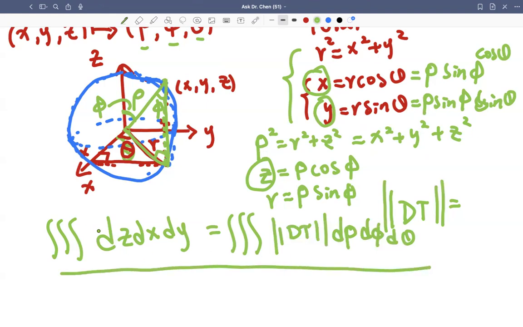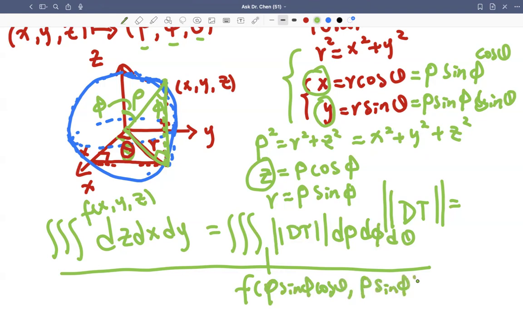We're going to change the function f of x, y, z into f with x equals rho sine phi cosine theta, y equals rho sine phi sine theta, and z equals rho cosine phi.